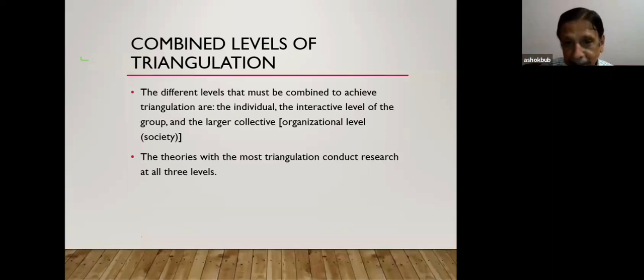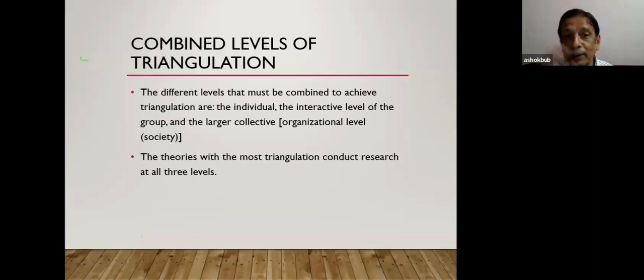So the individual refers to one particular organization. Interactive level of the group: when you take multiple organizations, a certain amount of the real phenomenon can come in, and then you have to extend it to the larger collective, a higher level of society.